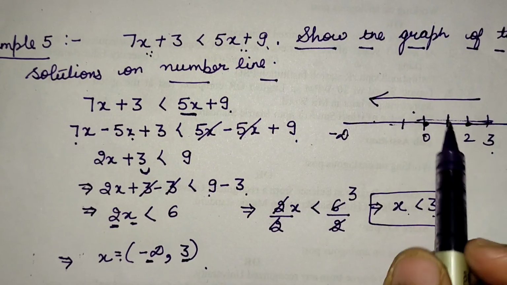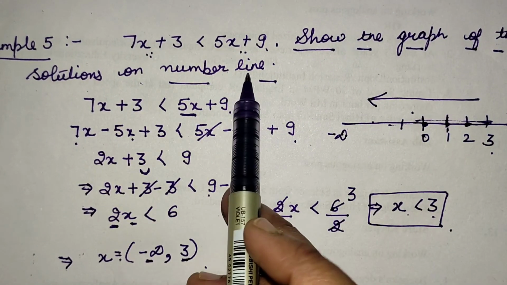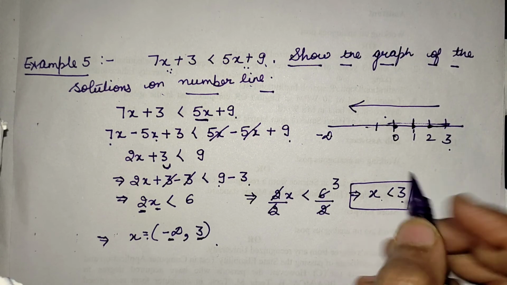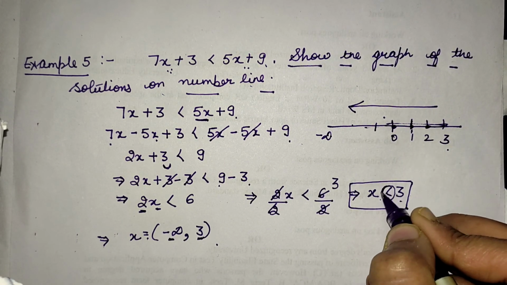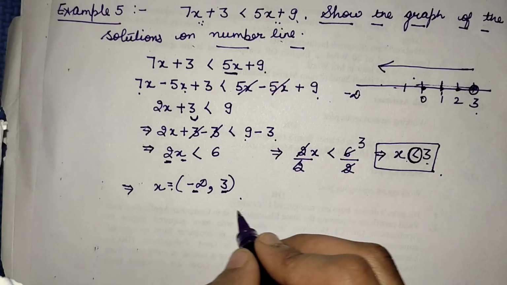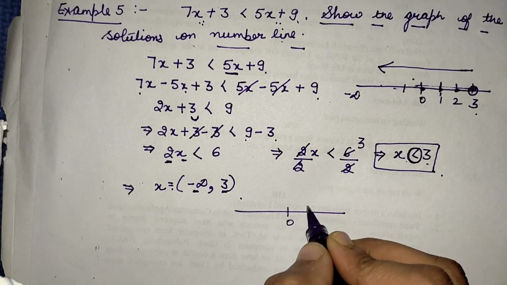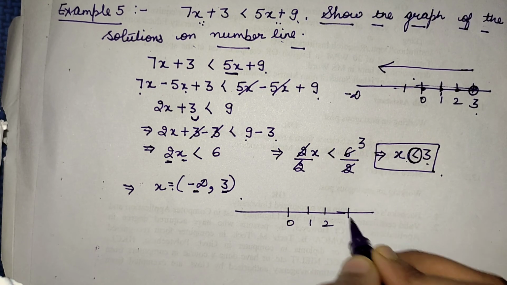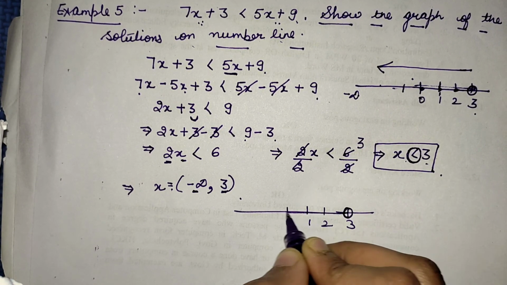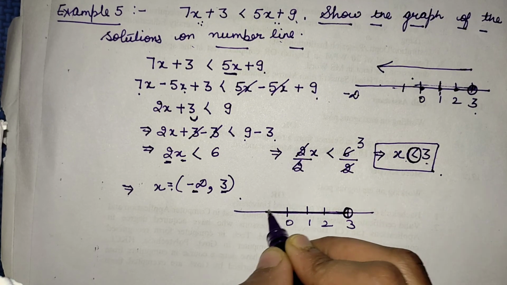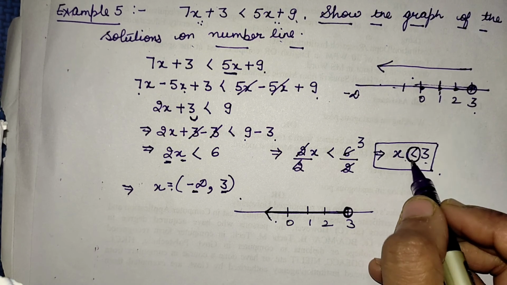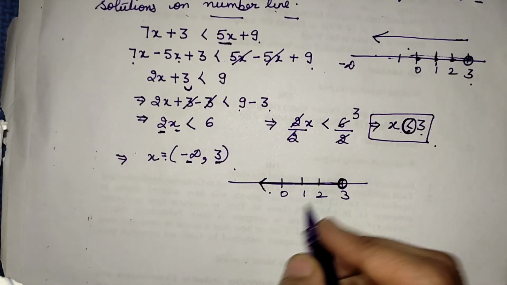So I have to represent the solution on my number line. To represent it on the number line, this time the symbol is less than. If the less than symbol is there, then we mark 0, 1, 2 and 3, and we draw a circle at 3 like this, because 3 is not included, which means the equal to symbol is not there.